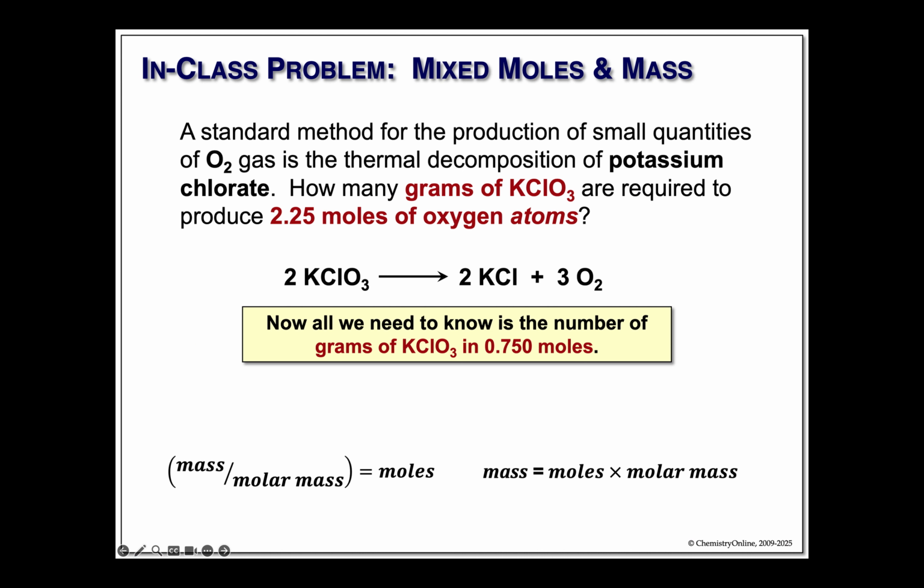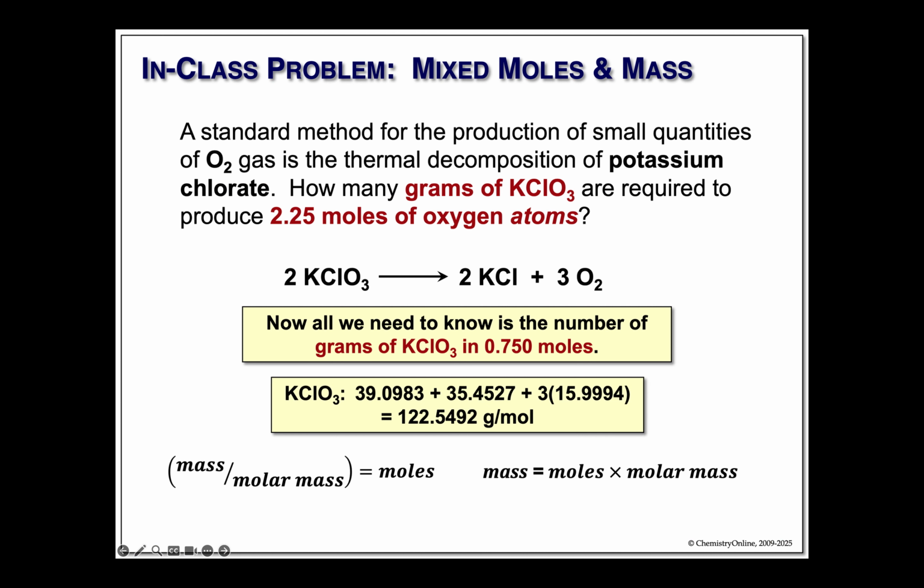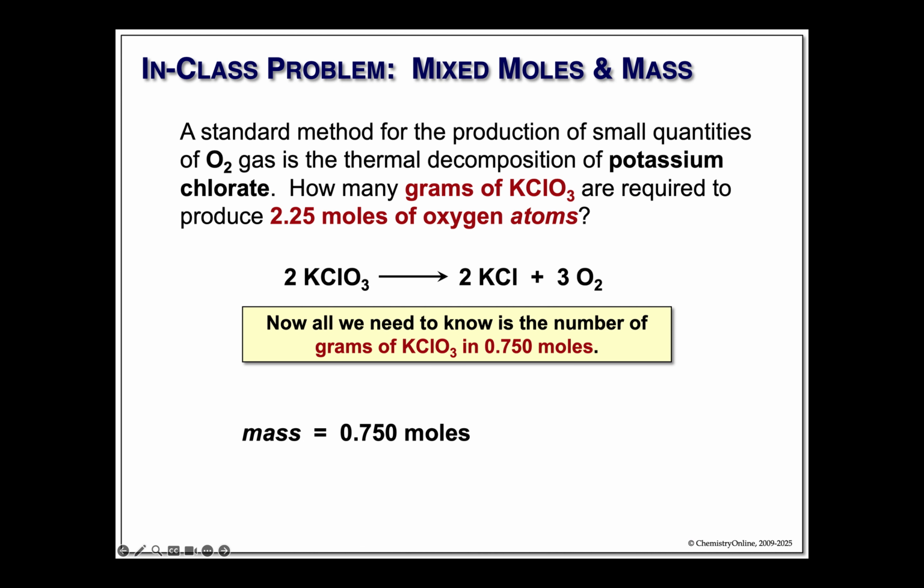We need to multiply that by the molar mass here. Have to add it up. Turns out to be about 122.5. So 122.5 times 0.75. Moles cancel. And we're left with 91.9 grams.